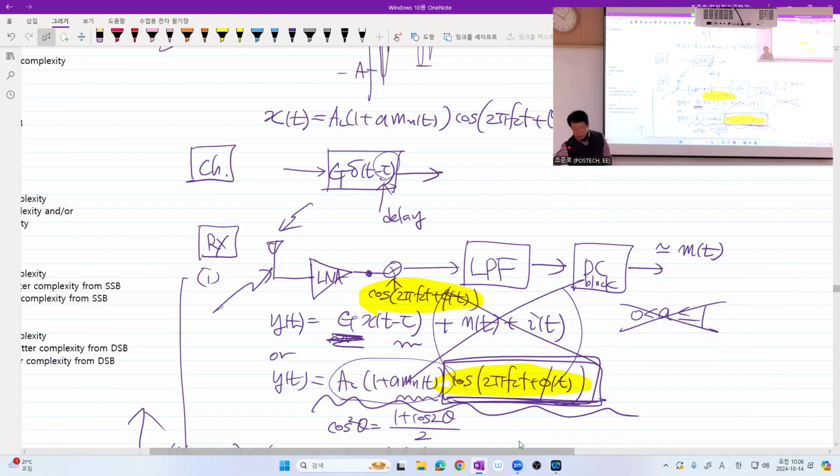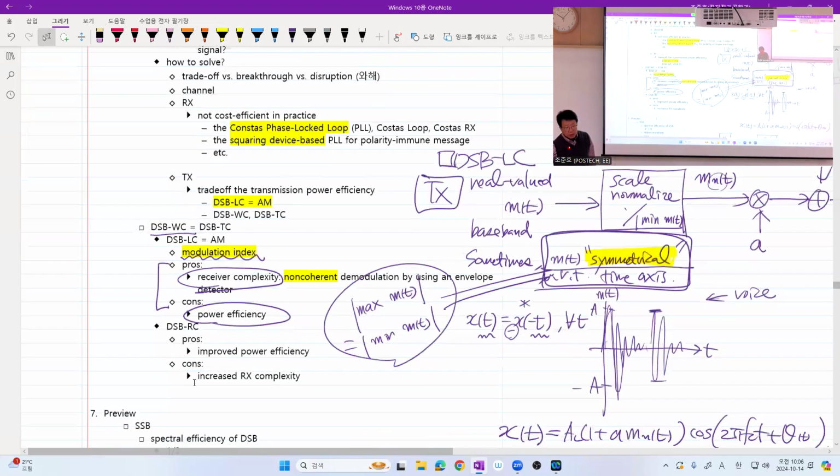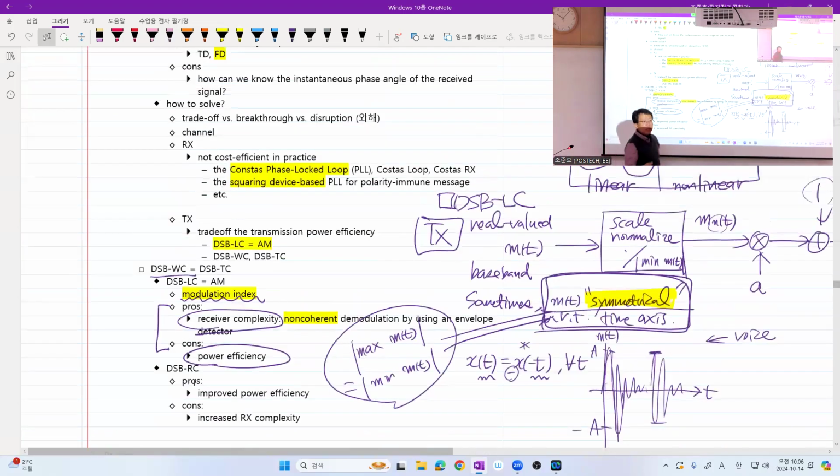So if you want really a higher power efficiency with now increased receiver complexity, AM is not the only choice. You just use the modulation index A greater than 1 and increase the complexity of the receiver by employing, for example, Costas phase locked loop or squaring device-based phase locked loop.